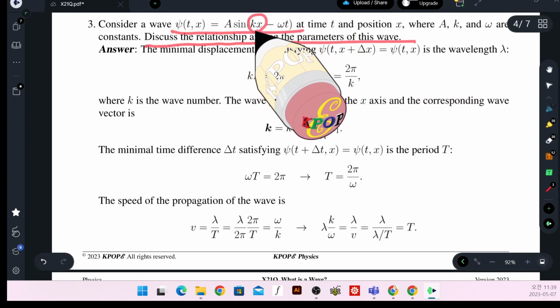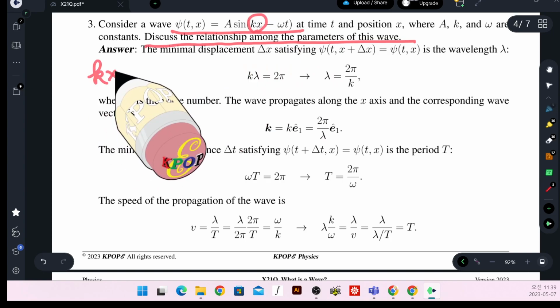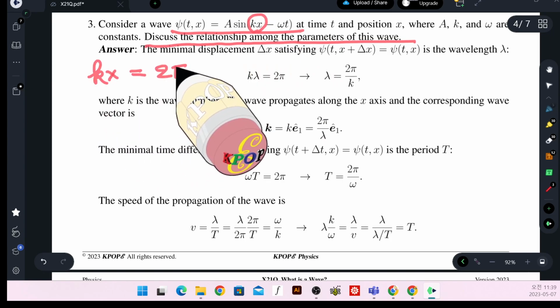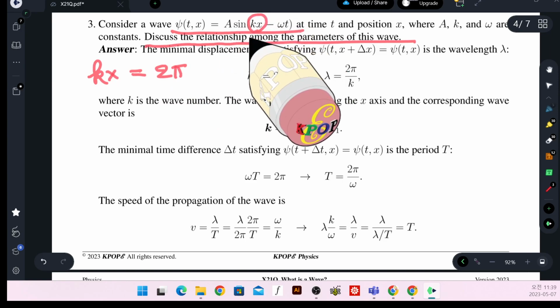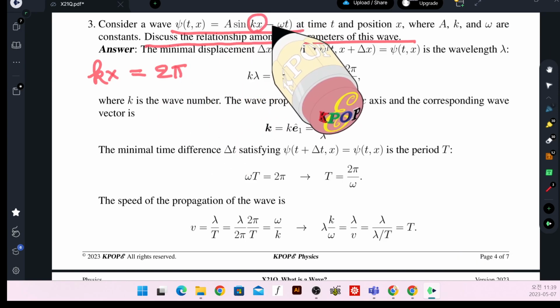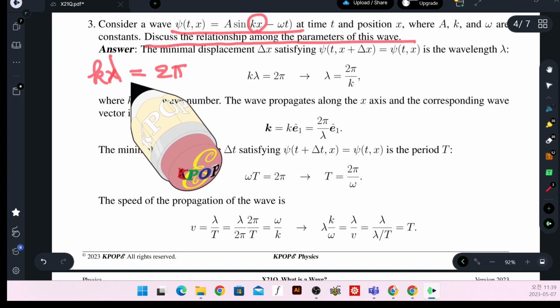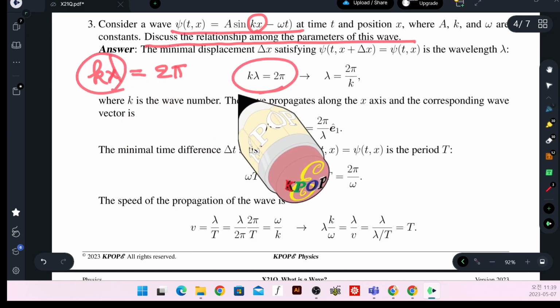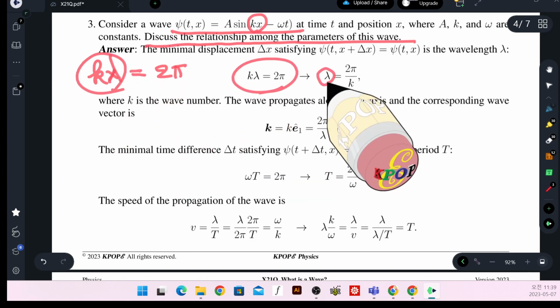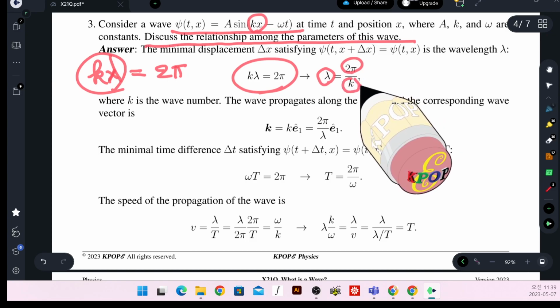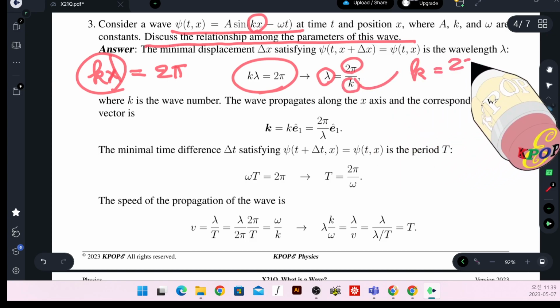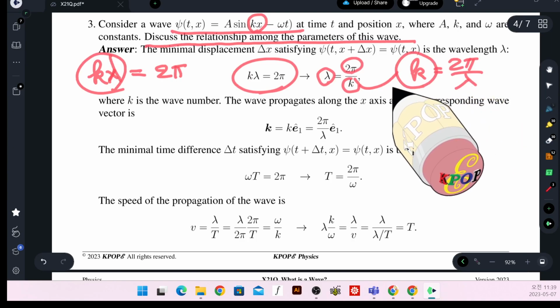The spatial component kx returns to the same value of psi if I substitute the wavelength. So from this, the wavelength is 2 pi over k. We call this k, 2 pi over lambda, the wave number.